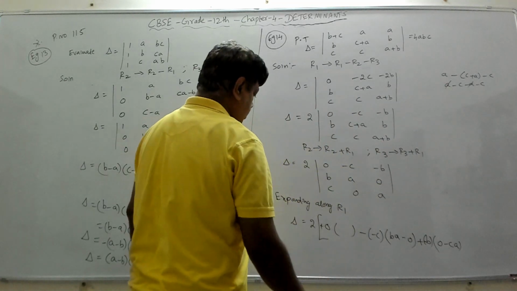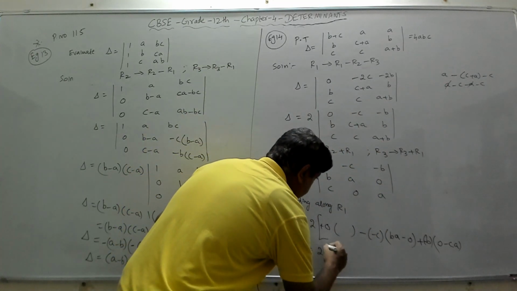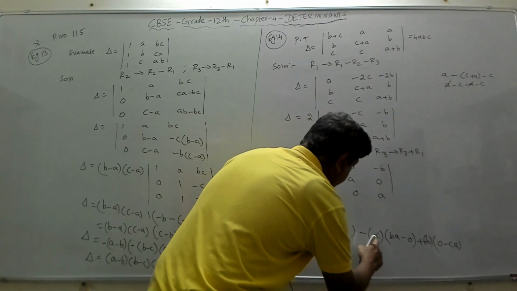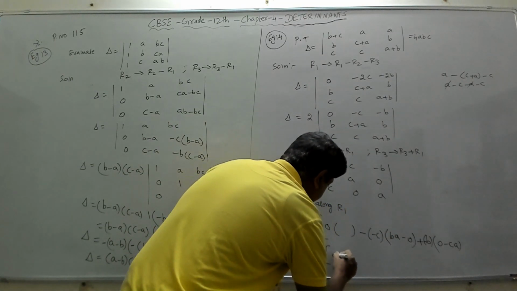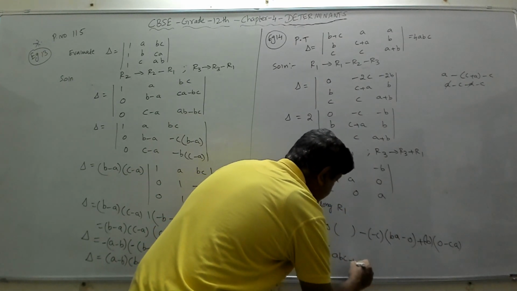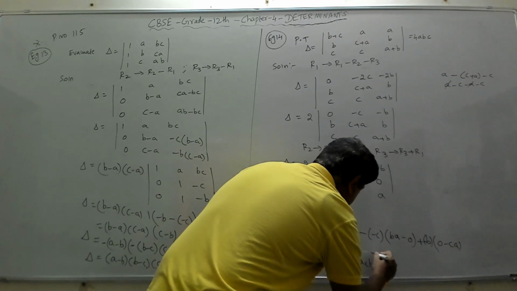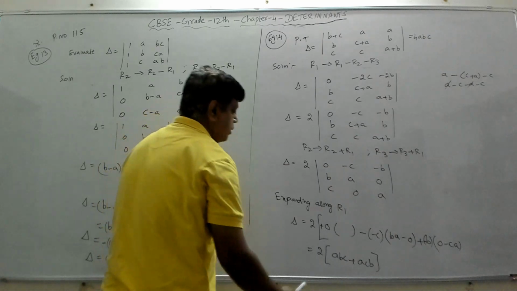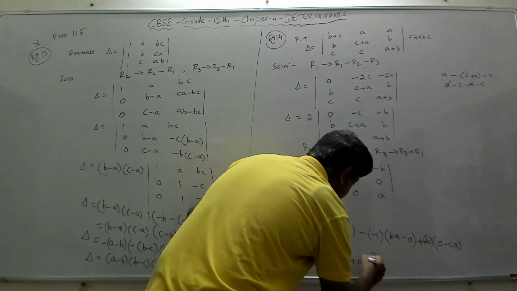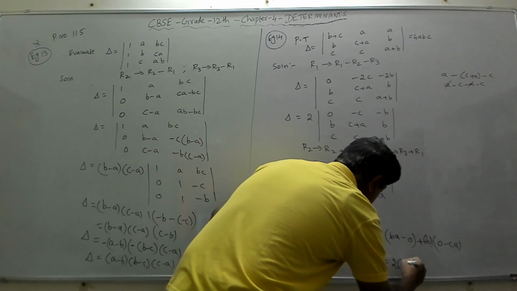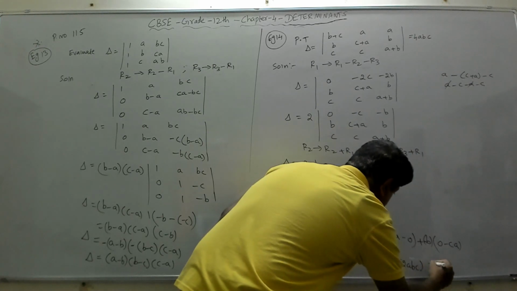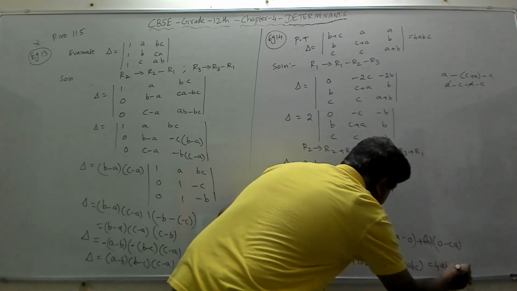Minus CA, C into A. Now that will give you 2 into, now what is this? Minus C into minus C plus C, ABC, plus minus into minus plus BCA, that is also ABC, right? So ABC plus ABC is 2ABC, and 2 into 2ABC is equal to 4ABC.